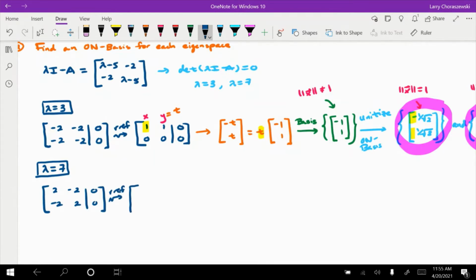Our REF version of that matrix: 1, negative 1, 0, then a row of zeros at the bottom. x and y. x corresponds to the leading 1 again, so y equals t. This time the basis vector would both consist of entries of t. Factor that out, and we get a basis vector with entries 1, 1.